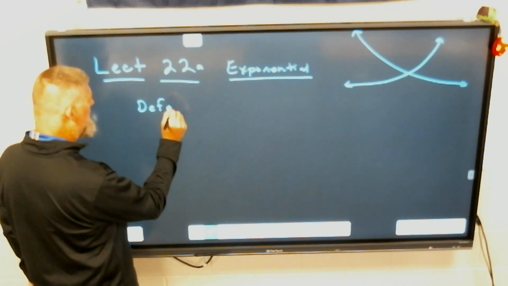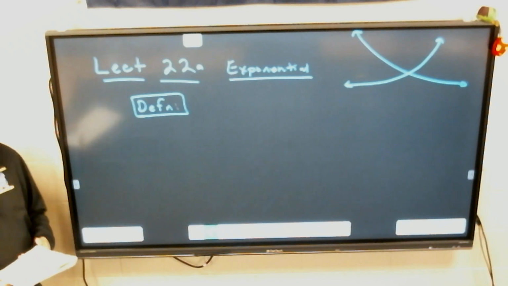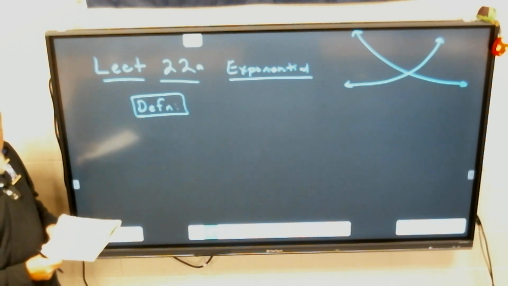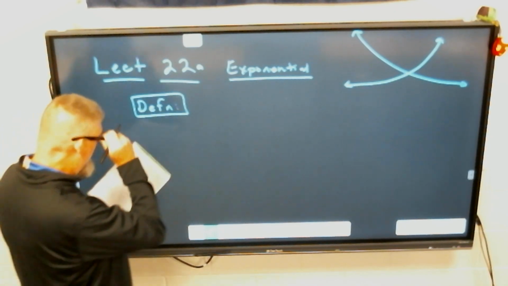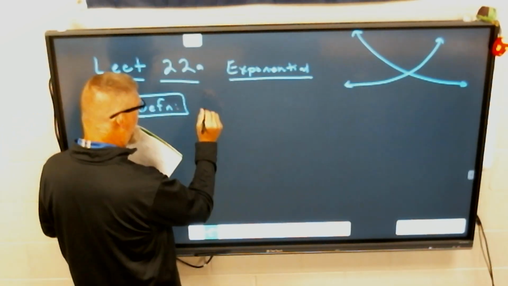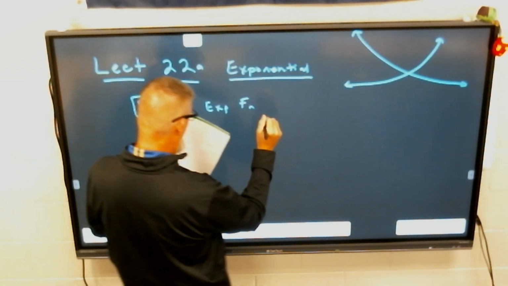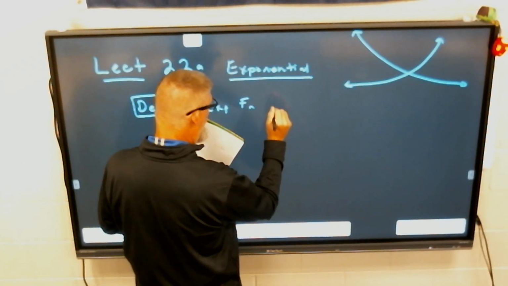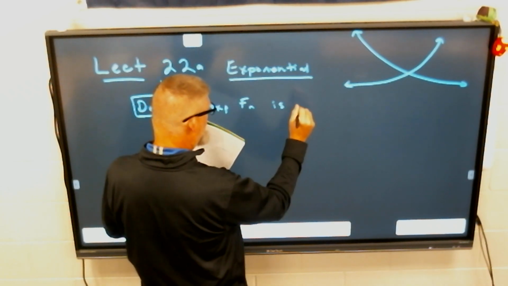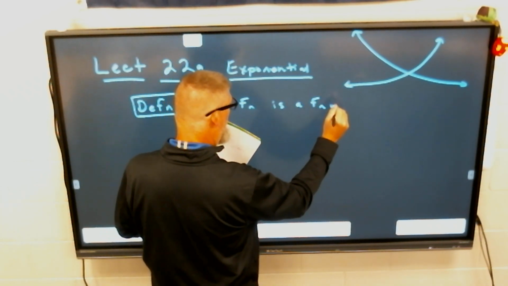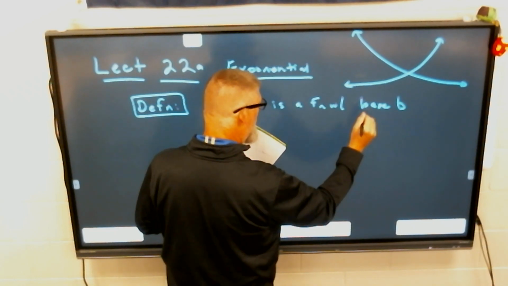Okay, so real quick, definition. Do you know what the definition or what the function looks like? No, I forgot. All right, here you go. You don't have to write the whole thing, but here's the whole definition. An exponential function is a function with base b.